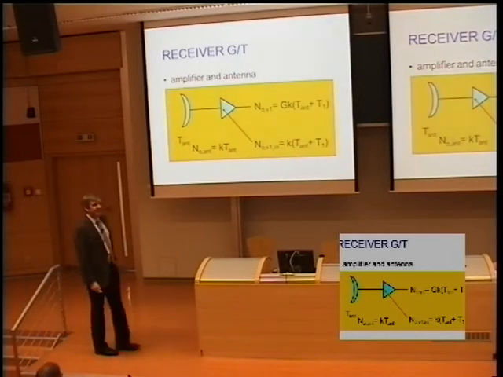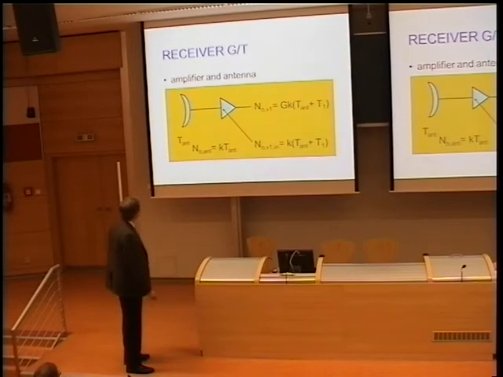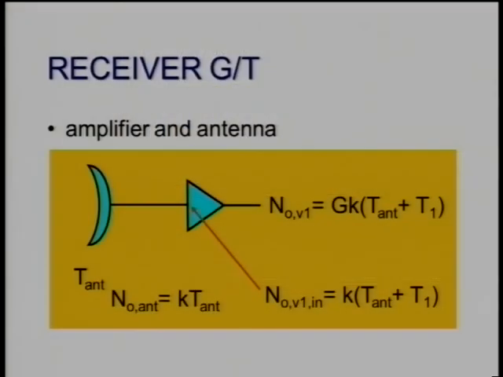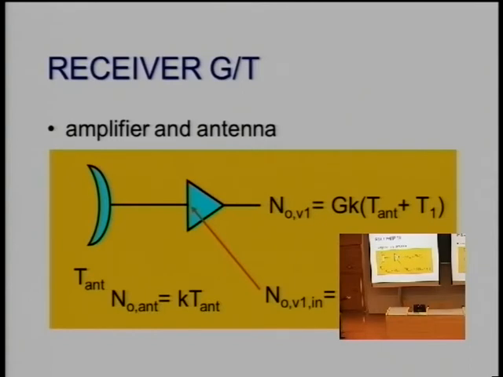Now a little bit about receiver design. It's very basic. Let's assume we have an antenna and then we have an amplifier. The antenna will pick up noise from around, so we have a certain noise density, which is k times T, via the antenna.